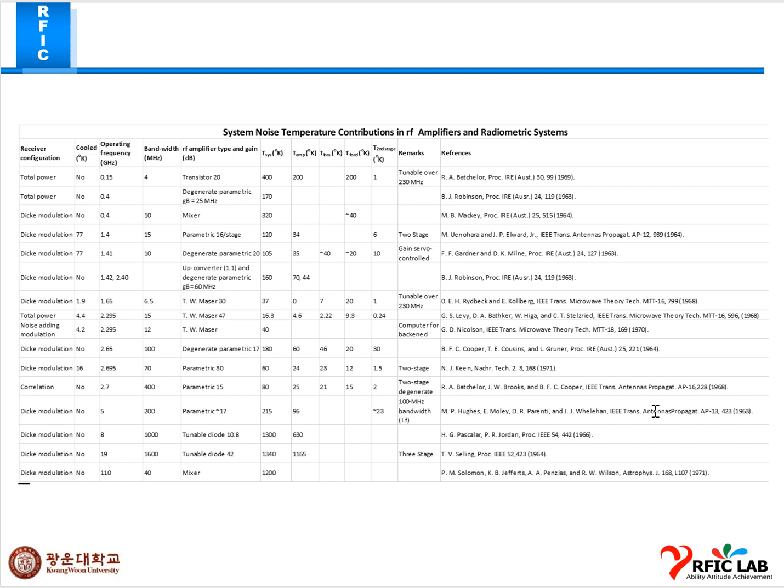The fourth column is bandwidth, in megahertz. The fifth column is RF amplifier type and gain, in dB. The sixth is temperature of system, in Kelvin, and temperature of amplifier, in Kelvin.